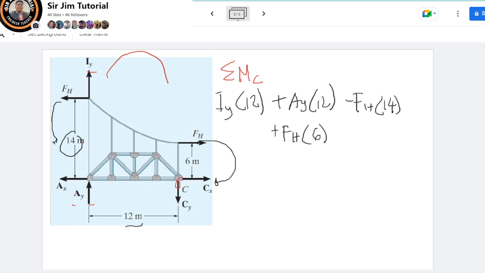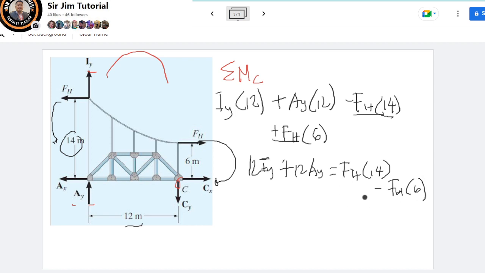So we have 12 IY plus 12 AY, and then I'm going to move FH to the right: FH times 14, positive becomes minus, and FH times 6. This part we can factor out FH, which is just 14 minus 6.